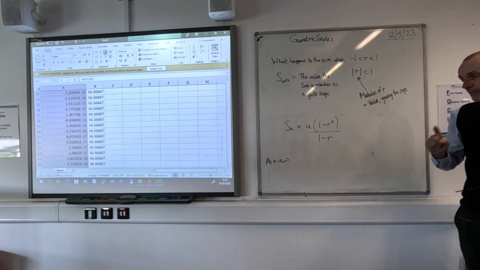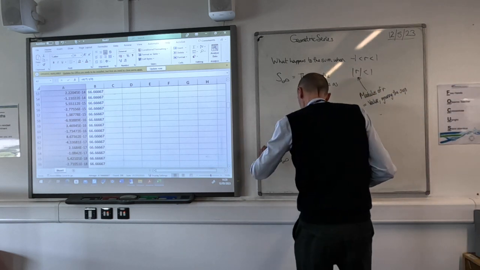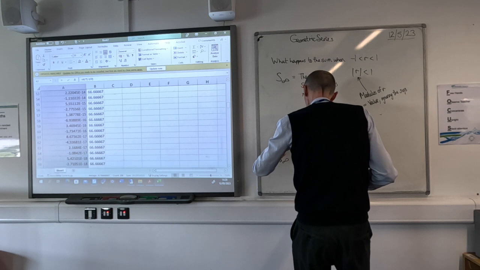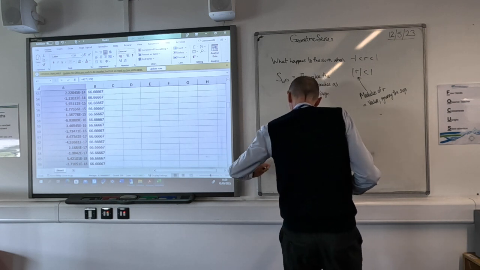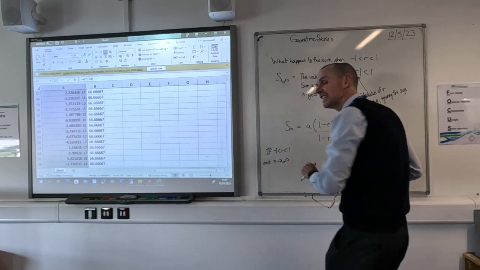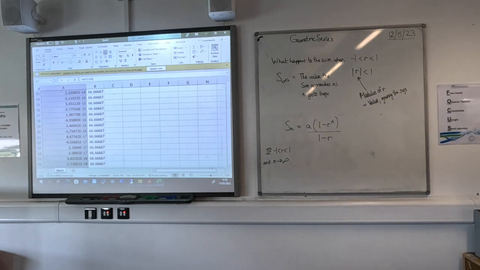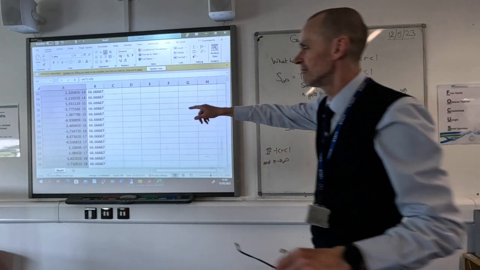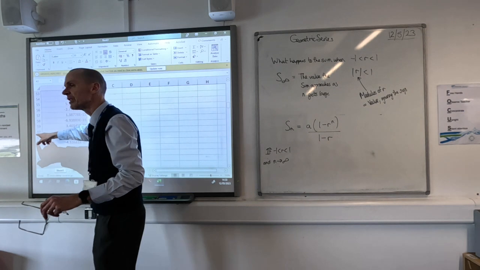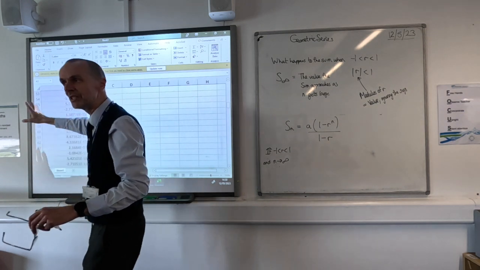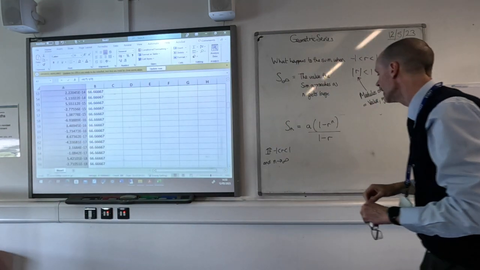If r is small, and n gets closer and closer to infinity, although actually, according to Excel, we were hitting there after about 50 terms, so we're not talking very close to infinity.